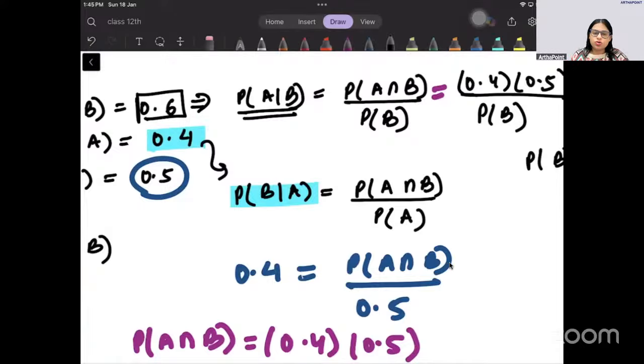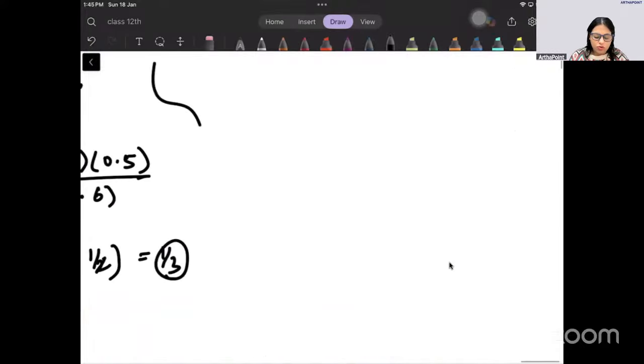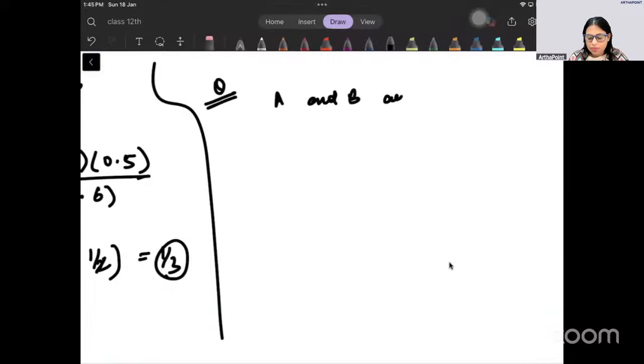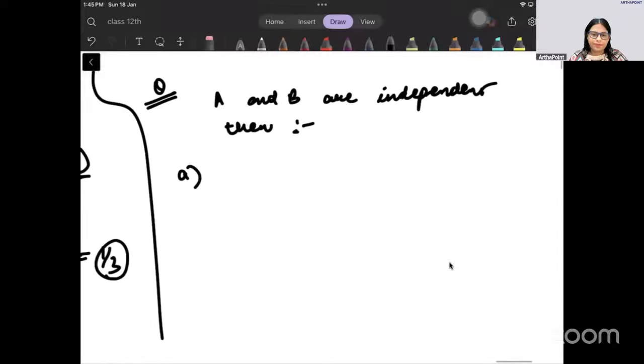Okay. So tell me if this statement is true or false. If A and B are independent, then first, A and B complement are independent.